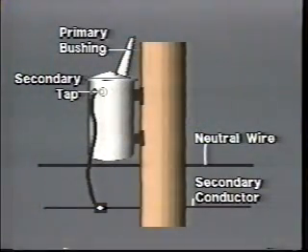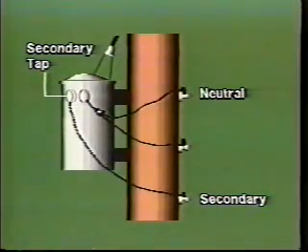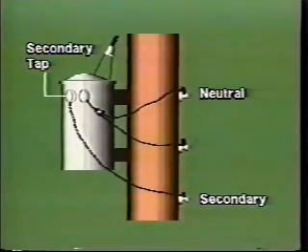An additional section of jumper wire is connected to the transformer bushing. The secondary connection is made from the secondary tap to the secondary conductors, which can be either in a straight line or dead-end configuration based on load locations.